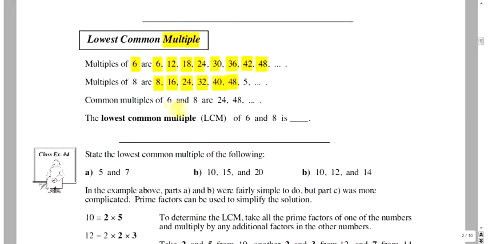So when we get a pair of numbers, we want to know what are the multiples that are common. Well, those are common. These are common. But now I don't want the greatest. I want the lowest common multiple. Okay? What's the lowest common multiple between 6 and 8?